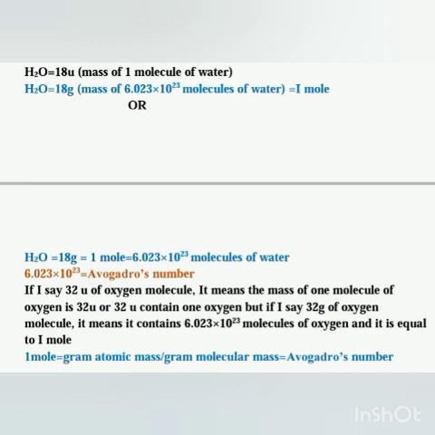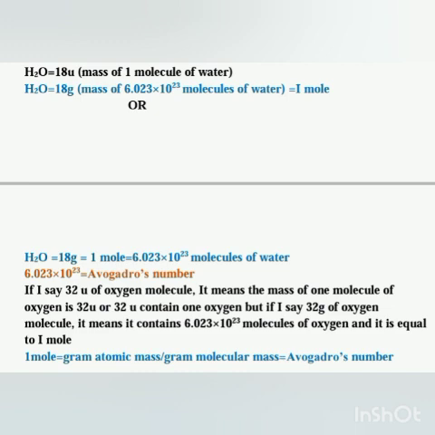Which means that 18 grams is equal to 1 mole, or we can also say that 18 grams is equal to 6.023 × 10^23 molecules of water, because 18 units will contain only 1 molecule of water.